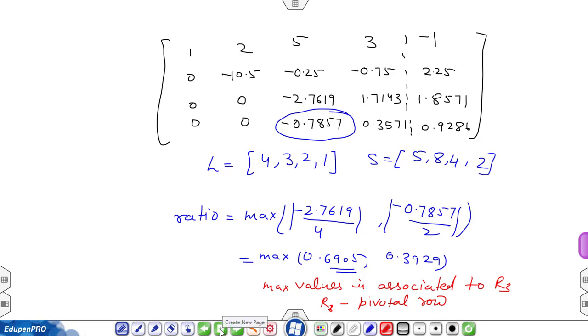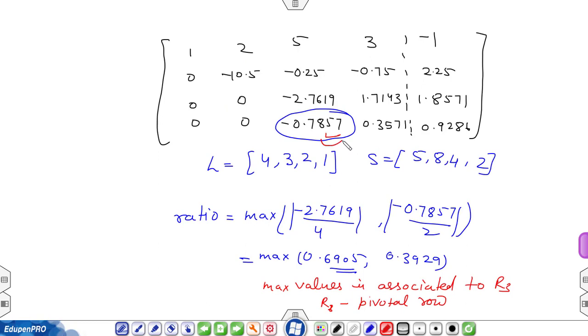Now in order to make 0 at this position, we will apply row operation, or Gauss elimination method. So M42 is equal to 0.7857 upon minus 2.7619. Now we'll apply row operation, that is R4 minus M42 R3.